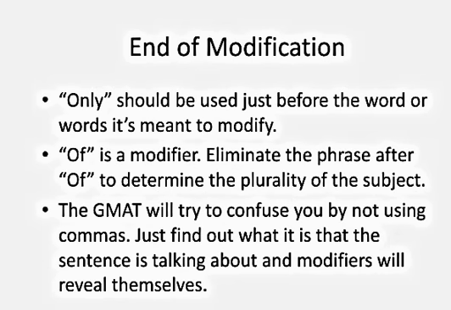Eliminate the phrase after of to determine the plurality of the subject, because usually it creates ambiguity or confuses you, and you'll go for the wrong answer choice. So whenever you see of, be very careful.